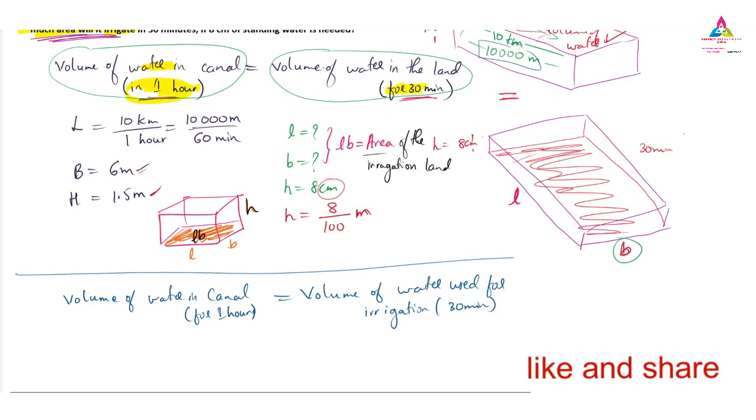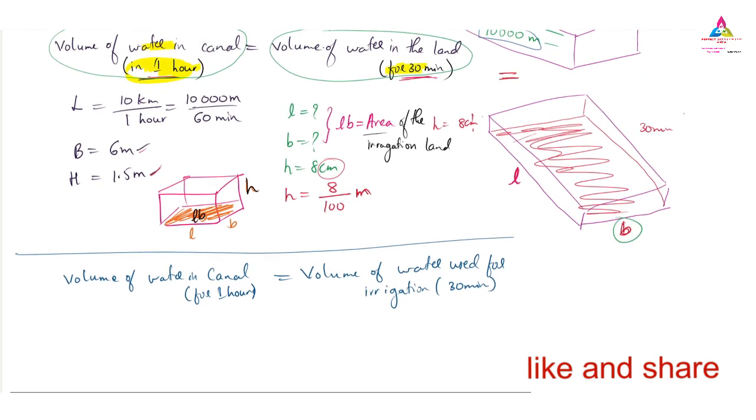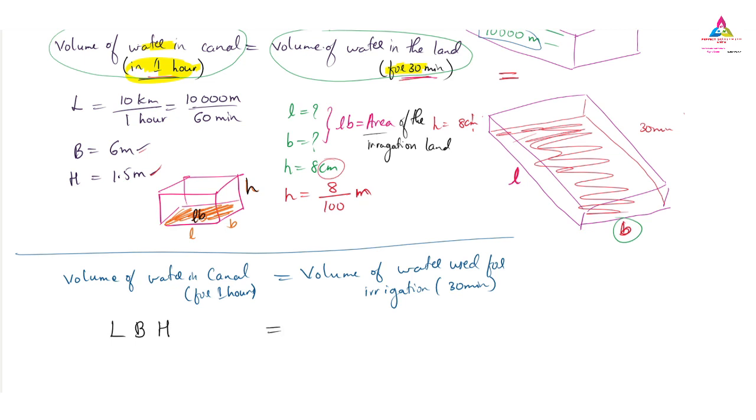So how to substitute those values? Just you see. The volume of the water in the canal, that we will take as LBH, and on the other hand we have small l, small b and small h. LBH is equal to lbh, but here only one thing is different. We have 60 minutes here, because 1 hour is 60 minutes, and this is for 30 minutes.